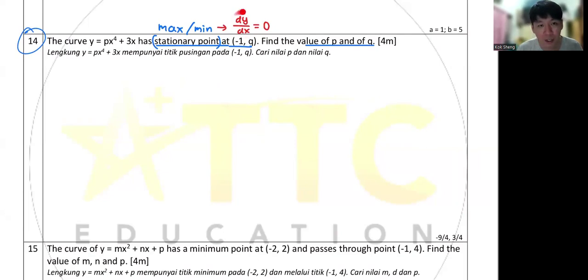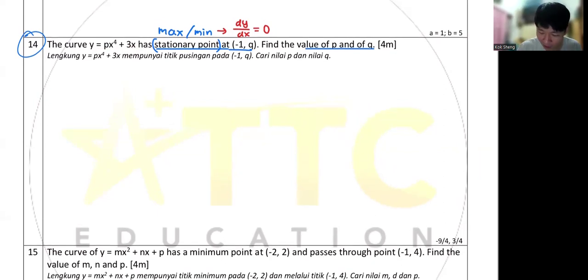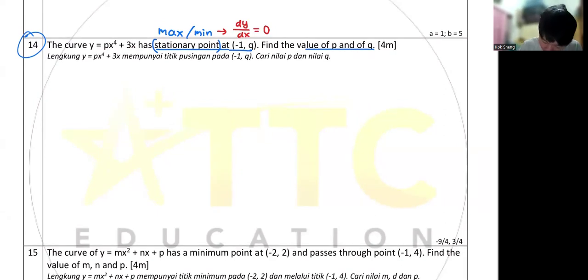So follow the info here, dy over dx, need to do the differentiation now. But of course, don't use the first principle. We go for the faster one. px4 plus 3x. So from here, do the differentiation, the faster one. The power times to the front, minus 1.